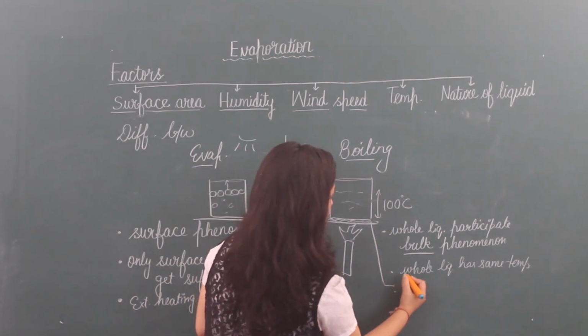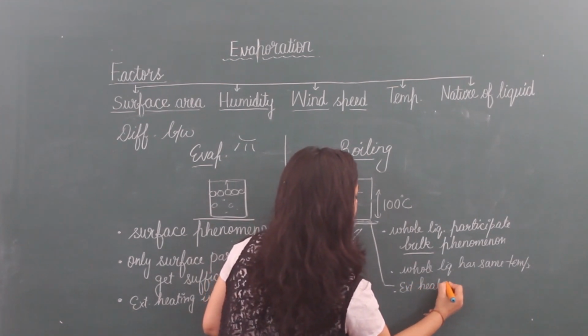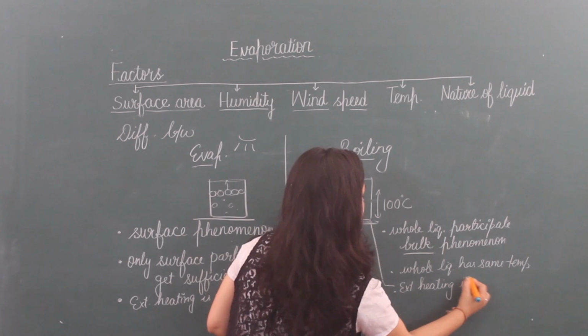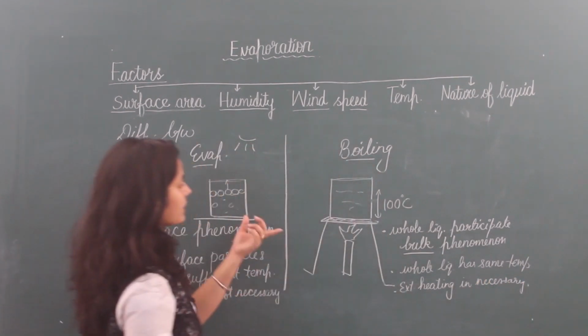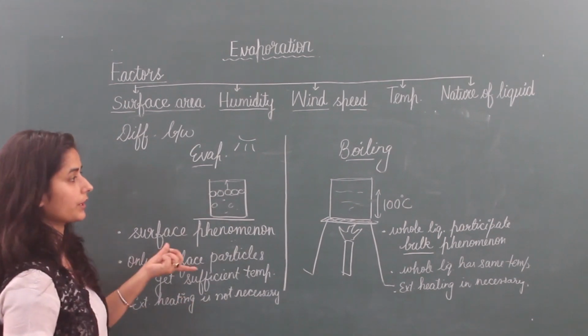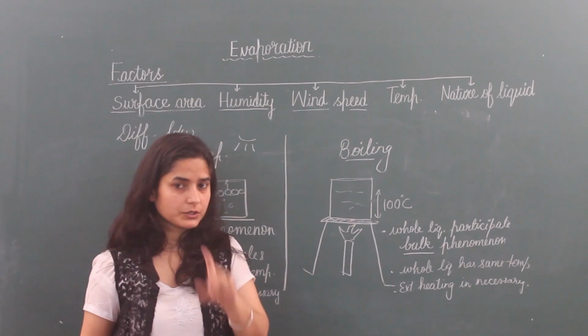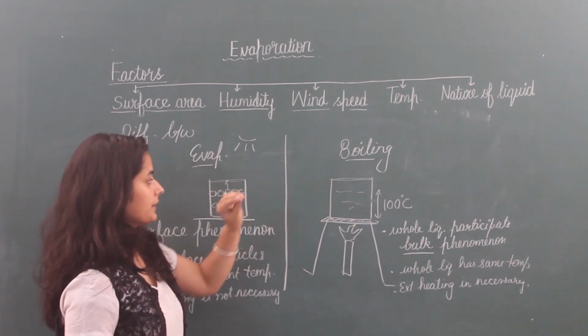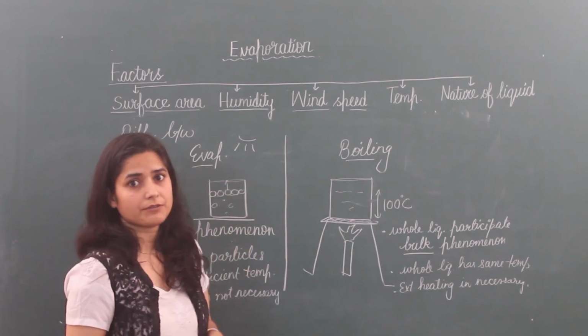But in case of boiling, external heating is necessary. So these were the main differences here. Okay. Now in the next part, what will we do? We will do the daily life processes that happen due to evaporation.